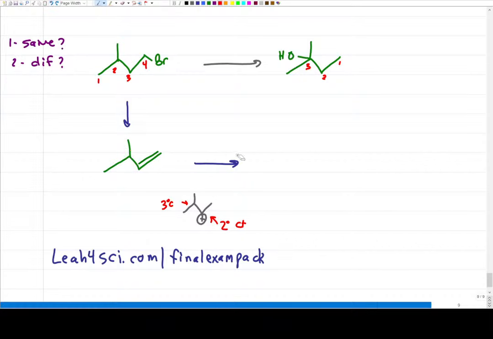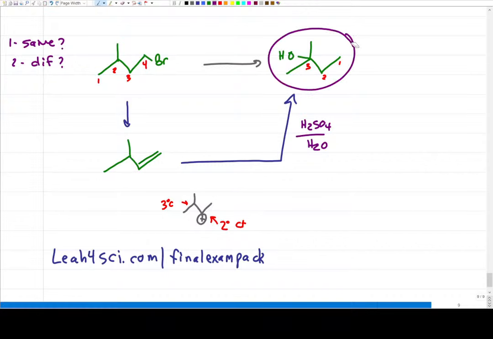That means I don't need another step. My one next step will actually give me the final product as follows. If I react this with H2SO4 in H2O, pi bond breaks, carbocation is here. Carbocation will move through a hydride shift and then alcohol adds, immediately giving me my final product without needing one more intermediate.